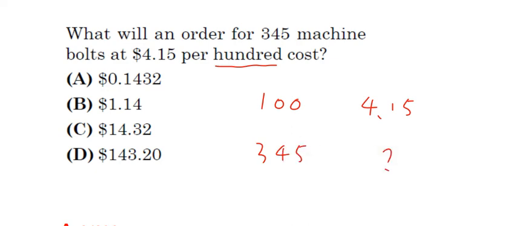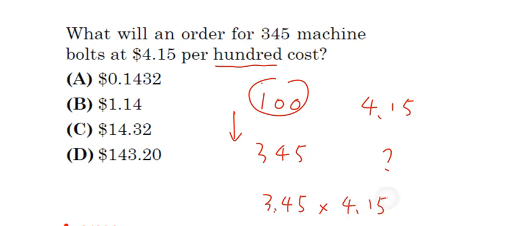So from 100 to this, we can say this is just 3.45 times. So we can regard this as 1. If we regard the 100 as 1, then this becomes 3.45, right? So multiply 4.15. So just this. So we say this equals just a little bit larger than 12. So we say the answer is this.